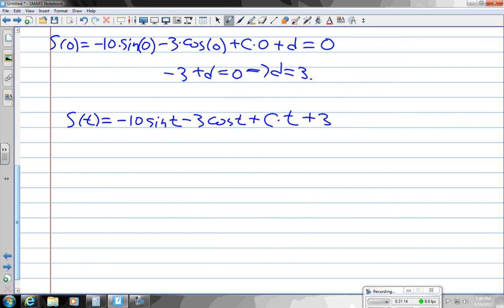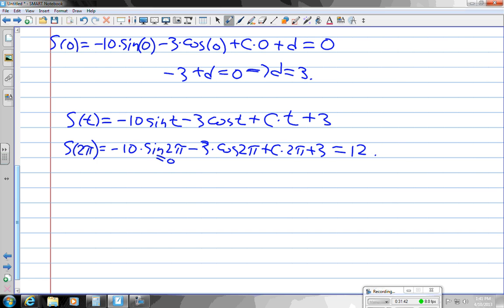Well, now I can find c, because I know s of 2 pi equals 12, so it's negative 10 times sine of 2 pi minus 3 times cosine of 2 pi plus c times 2 pi plus 3 should equal 12. Because that's another given. Now, sine of 2 pi equals 0.